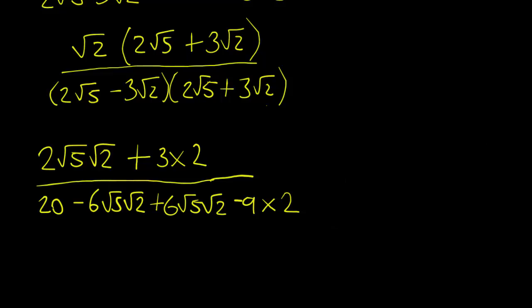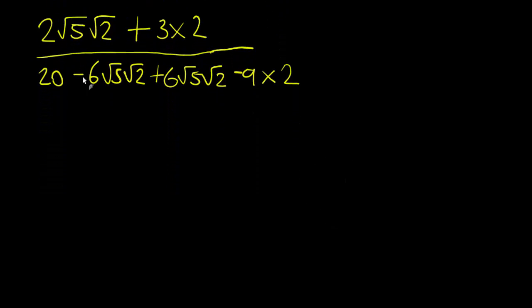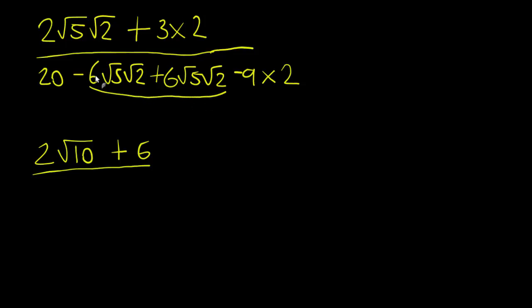So at the top, 2 root 5 times root 2 will give us 2 root 10 by just combining the numbers underneath the surds, and then we get plus 3 times 2, which is 6. At the bottom, these two terms here will just cancel out, because they are plus 6 root 5 root 2 and minus 6 root 5 root 2, so they're just going to disappear.